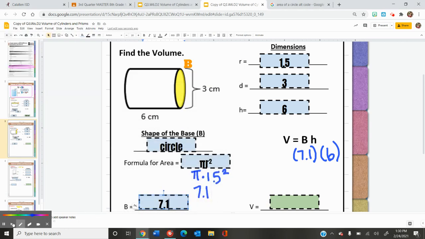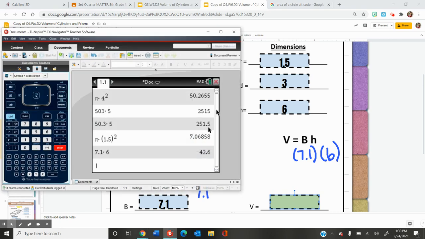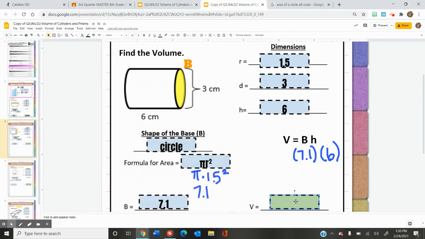So here, the volume of this cylinder, again, is 42.6. And remember, we deal with cubic units, which is to the power of 3. So this is going to be centimeters cubed. And remember, to get the superscript 3, we're going to type Alt 0179 on our keyboard, and it's going to pop up that superscript for us. So that was finding the volume of our cylinder.